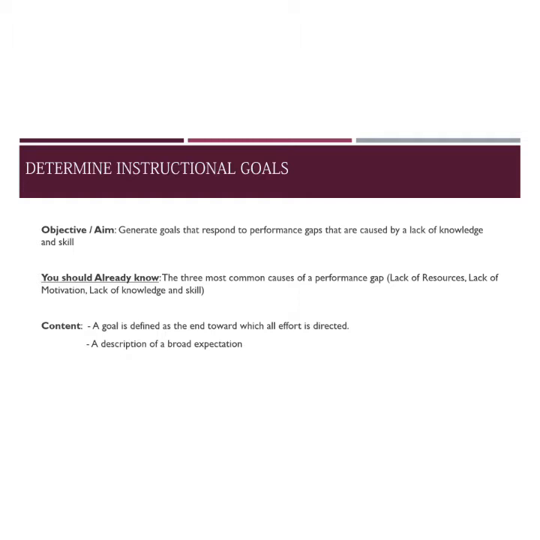It is not always a lack of knowledge and skill. It could be other causes like resources or lack of motivation. So you should already know the three most common causes of a performance gap, such as lack of resources, lack of motivation, and lack of knowledge and skill.